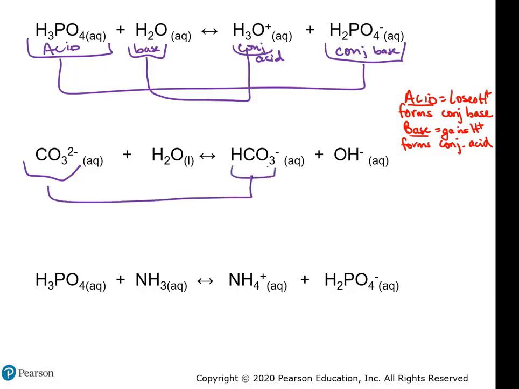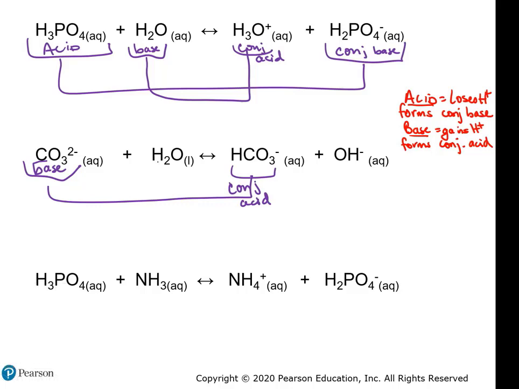Yep, HCO3 minus. So that makes this the base. Right? So we said bases always gain the hydrogen. And then that means that the HCO3 minus acts as the conjugate acid. So in the reverse reaction, it'll lose its hydrogen ion.